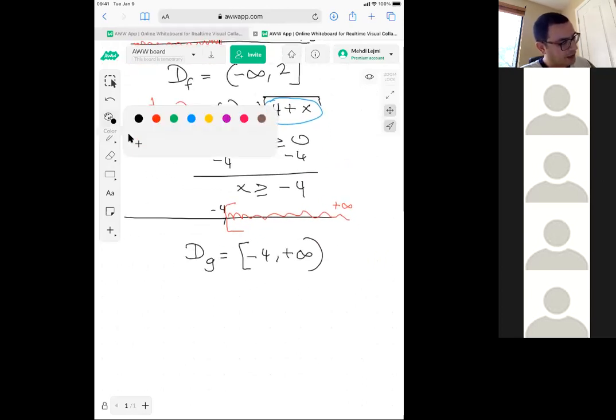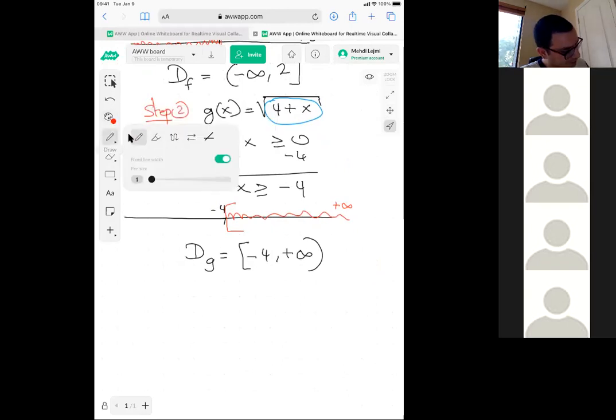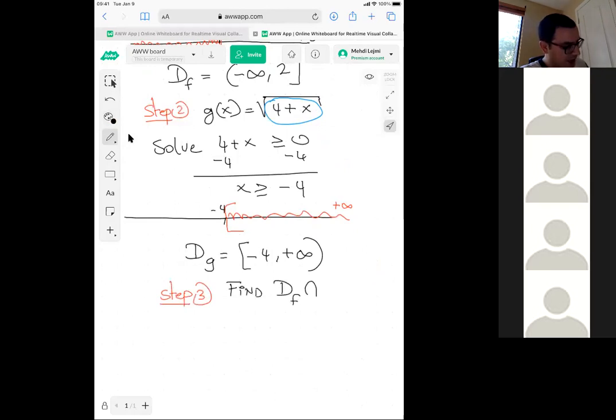Now I can find the common domain. So step number 3, I'm going to find the common domain, or the intersection domain. So find the domain of f intersected with the domain of g, right? Yes, Leah, absolutely, it is going to be negative 4, positive 2, but negative 4 and positive 2 both are actually included, okay?